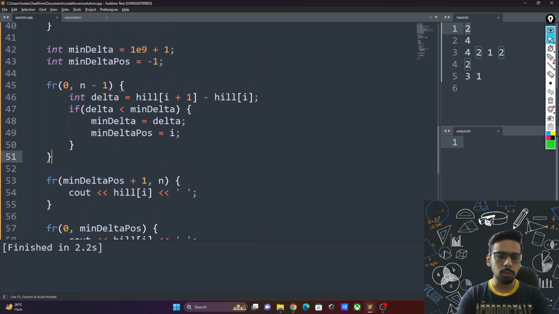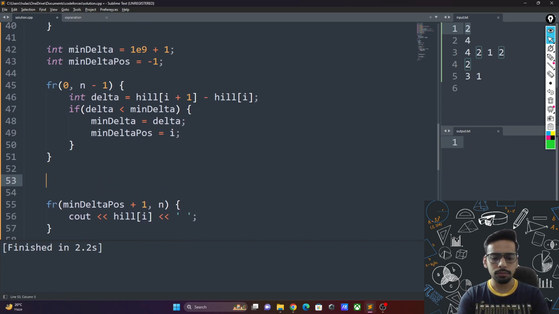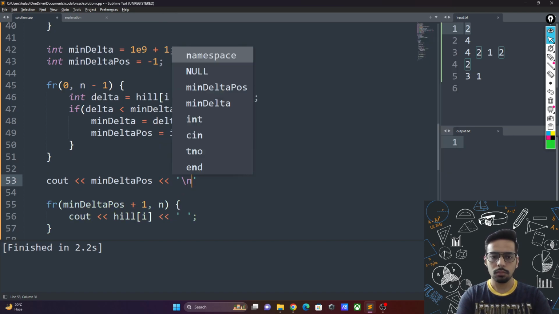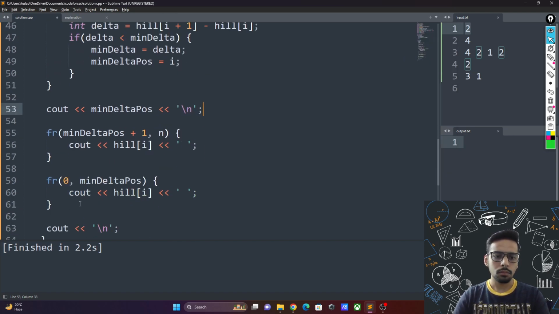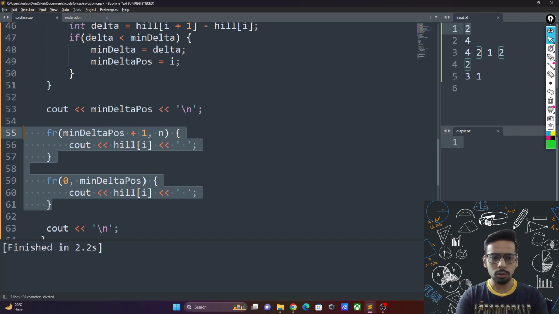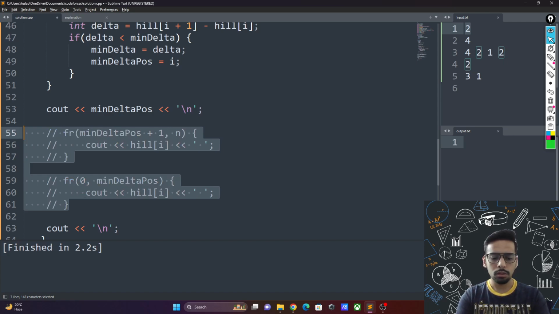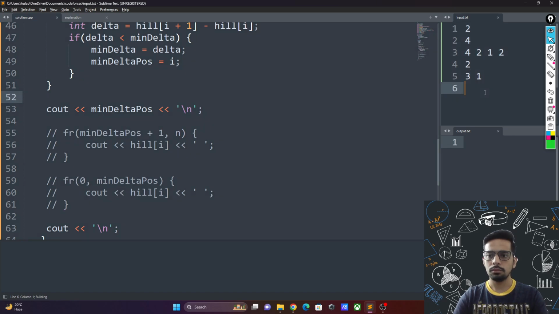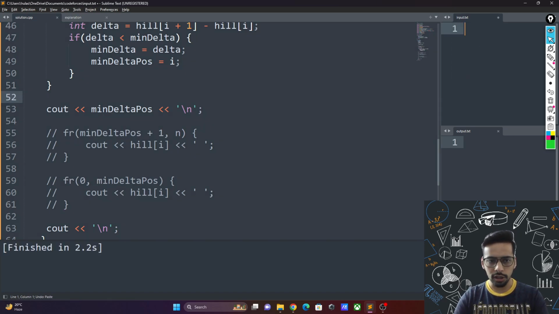Okay, let's quickly debug what could have gone wrong here. Let's just comment this out. Oh, I'm not sorting the array, sorry.